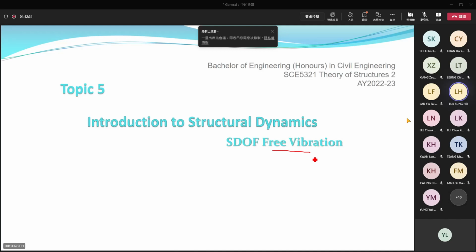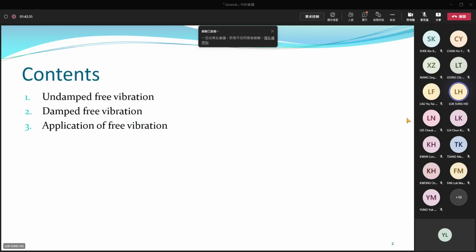Firstly, we will introduce what is free vibrations, and then I will let you know how to solve the equation of motion for a dynamic problem under free vibrations. These are the content page of this particular chapter. At the beginning, we would like to solve the problem by considering undamped system, undamped free vibrations. We ignore damping, and then solve the equations.